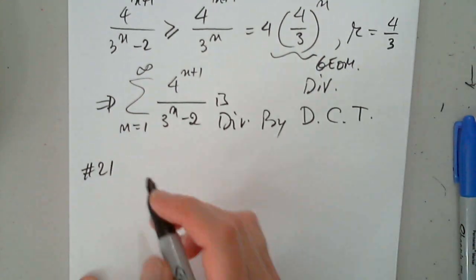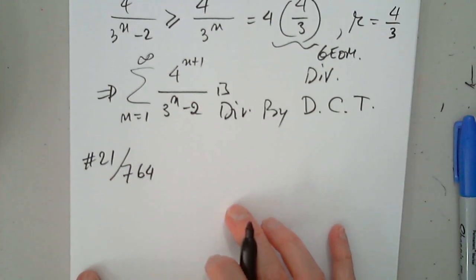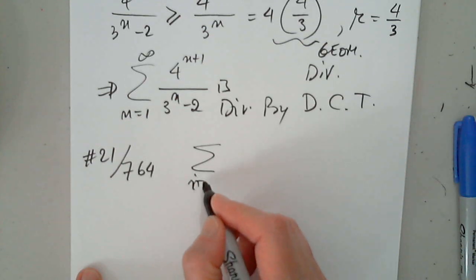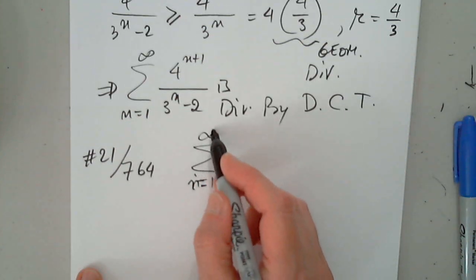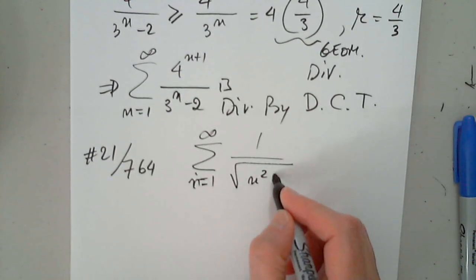Moving on to 21, still on page 764. And here we have the sum from n equals 1 to infinity, of course. And this is 1 over the square root of n squared plus 1.